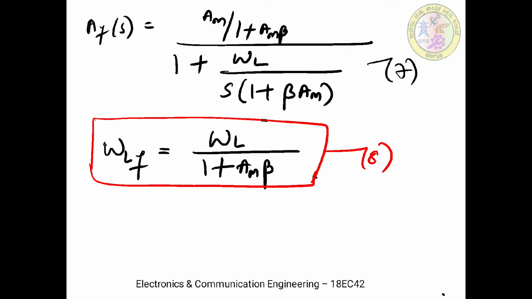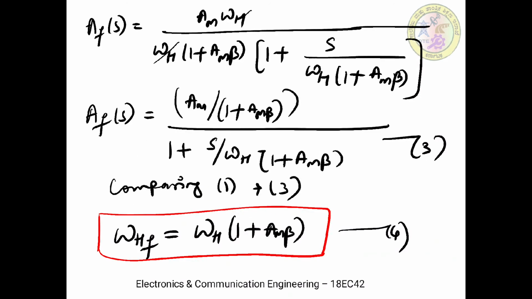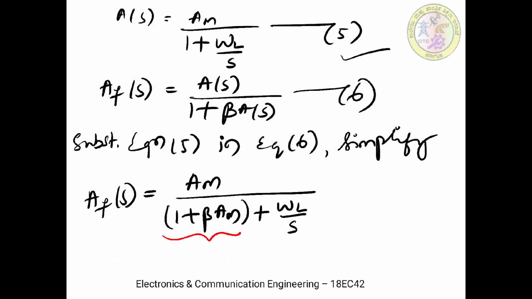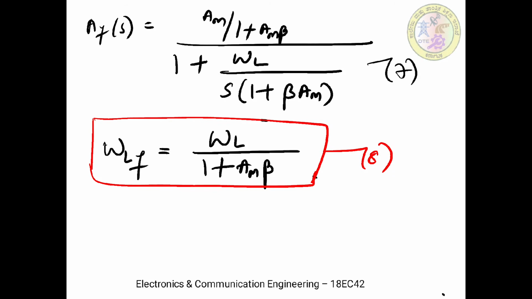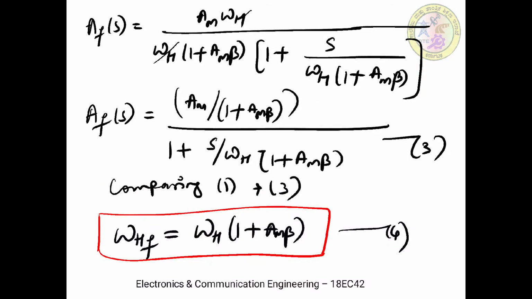Comparing the basic equation with equation 4 of omega HF and comparing equation 8 of omega LF, here we observe that omega H was increased by a factor 1 plus Am beta.